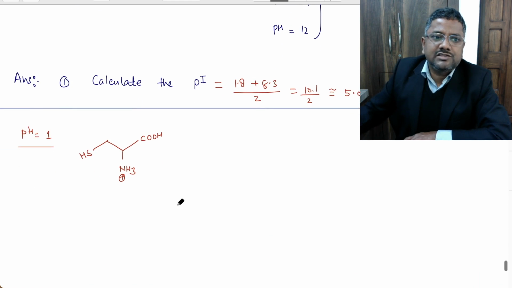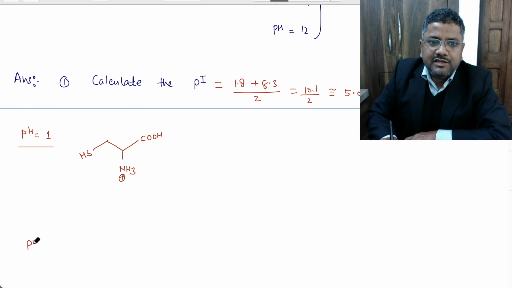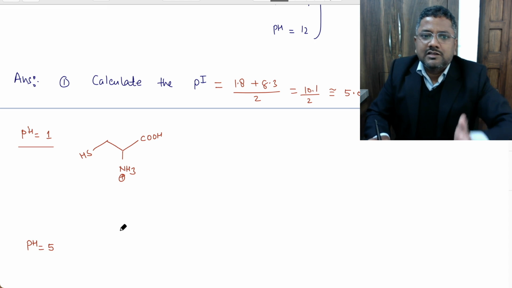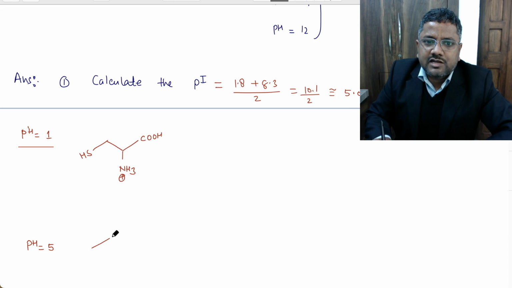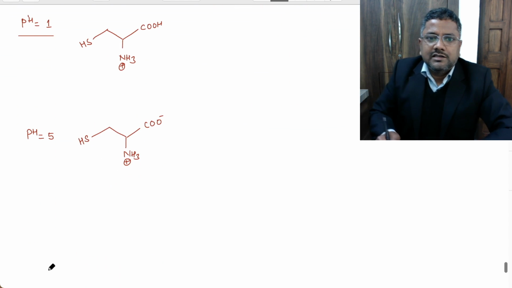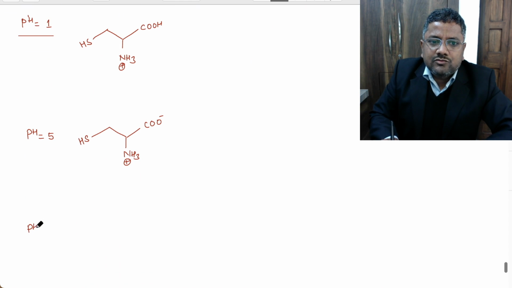Now at pH 5, you know this is the pI, so here you have the zwitterion. The predominant structure at this pH is COO negative, NH3 plus and SH. At pH 9, how do we increase the pH?